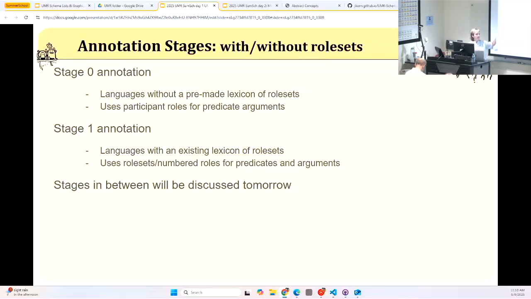You can start annotation without the role sets, but as you go, you're probably going to be working on building role sets. So the goal, ideally, through using the UMR writer, there's a function that will help you build role sets as you go. Ideally, you will end up with an annotated corpus and a set of role sets in that. And that's stage one. But when you're in that in-between stage, it can be messy.